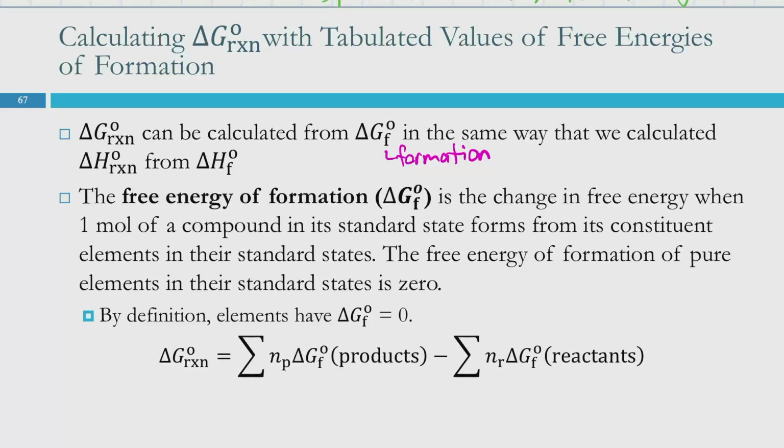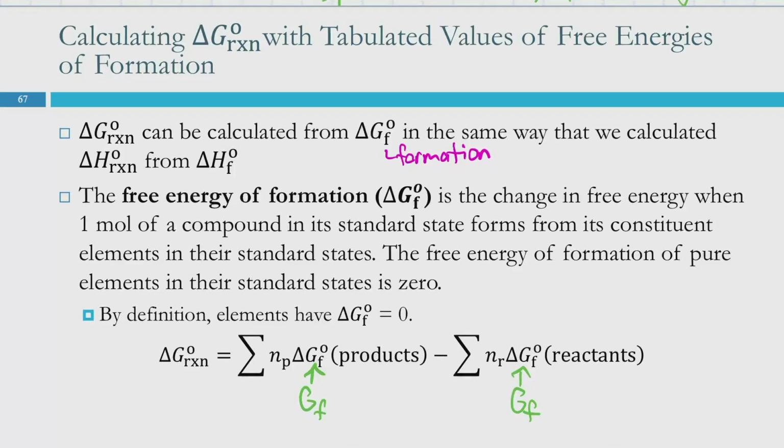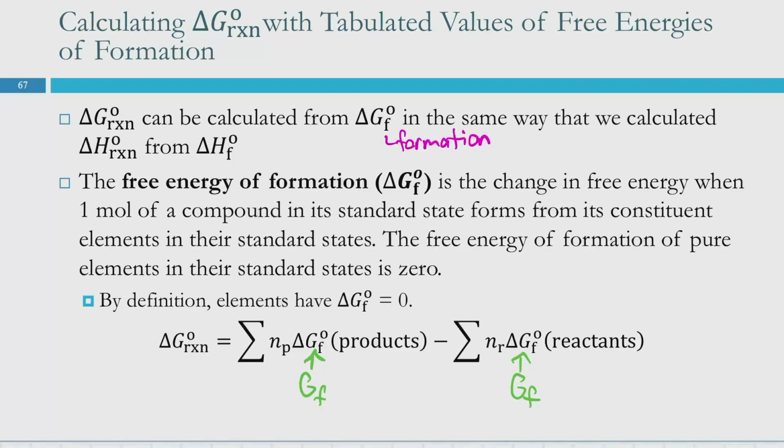We're just using a different value. We're still subtracting them. It's still products minus reactants. All that's changed is it's Gibbs free energy of formation, rather than enthalpy or entropy.